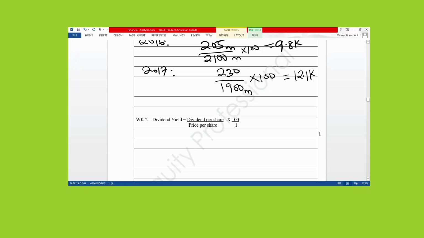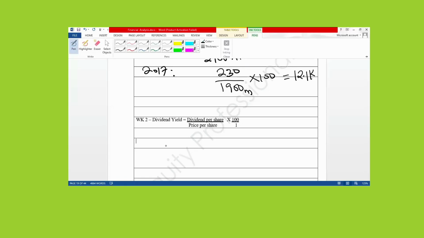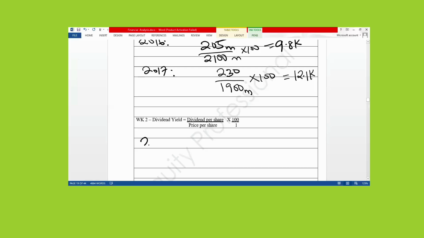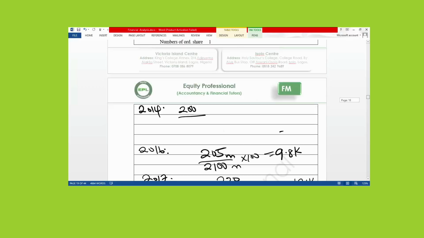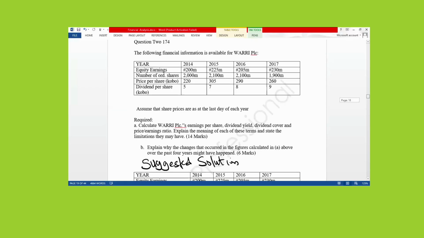Let's go to this. So dividend yield is calculated in percentage, not kobo, not naira. Your dividend yield is a measure of actual return on shareholders' investment. All right.